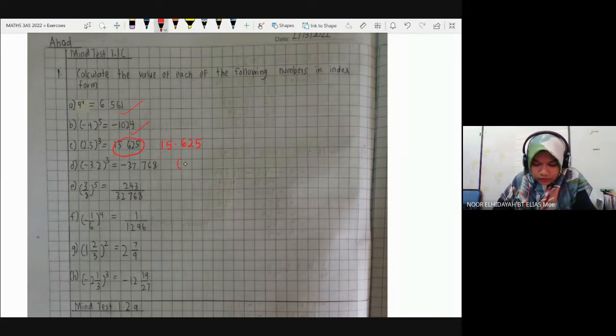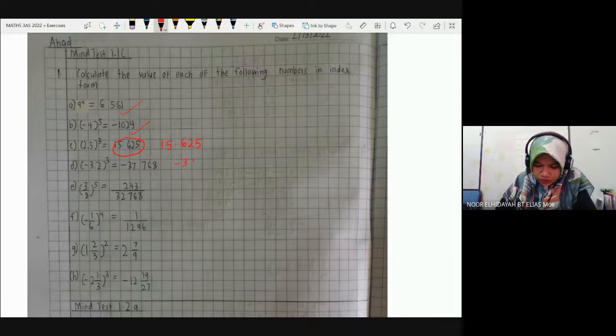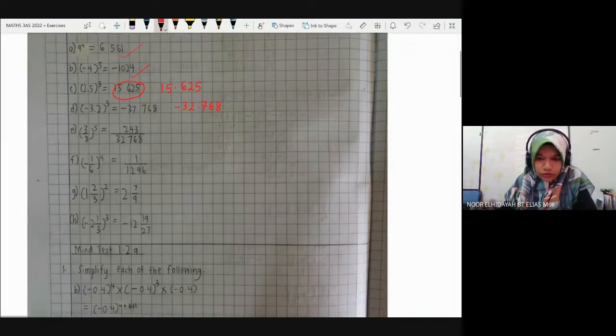When negative, sebaiknya letak dalam bracket. Tapi kalau tak letak bracket pun tak apa, sebab this one just involve a single number. Banyak mistake ni, Siranjavi. So make sure next time hati-hati, careful.